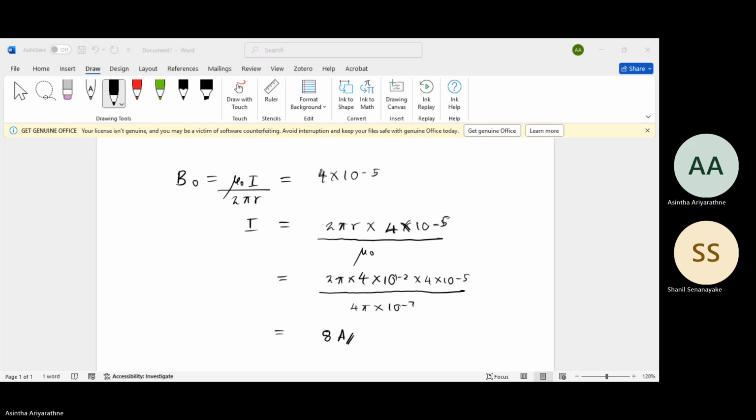If it is a total circular loop, what is the expression we have for the magnetic flux density at the center for the total loop? It is mu naught N I over 2R.